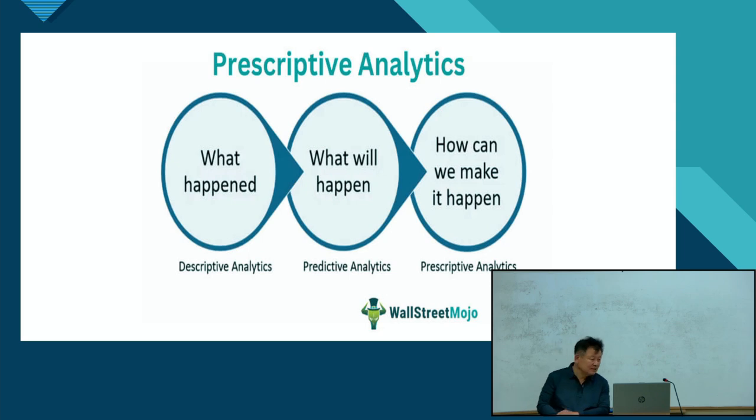And second, prescriptive analysis. Prescriptive analysis uses data and algorithms to identify the best course of action to take in a given situation. So there is a given situation, and then how do we get the data and algorithm to identify the best choice, the best course of action? How can we take actions? Prescriptive analytics is a form of data analysis.